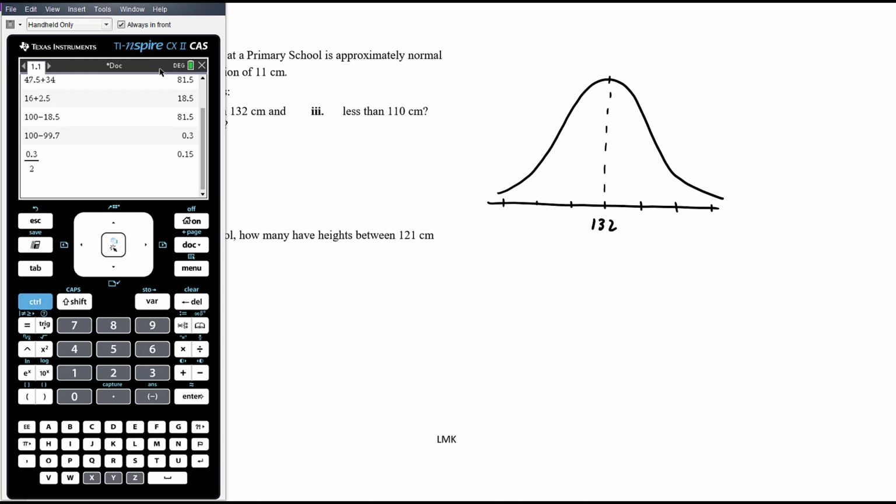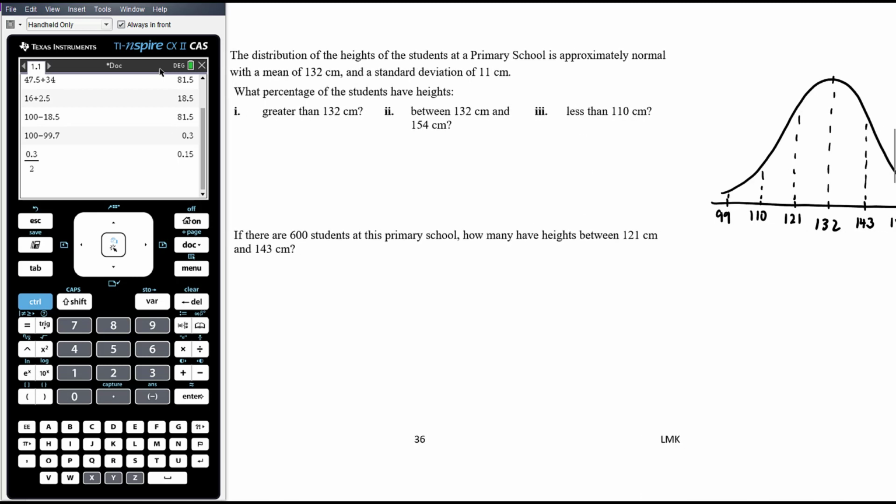So the mean plus 1 standard deviation, 132 plus 11 is 143, plus 11 again is 154, plus 11 again is 165. 132 take away 11 is 121, take away 11 again is 110, take away 11 again is 99. So it's important to work out what those values are that are 1, 2 and 3 standard deviations above and below the mean, because that's going to help you answer the questions.